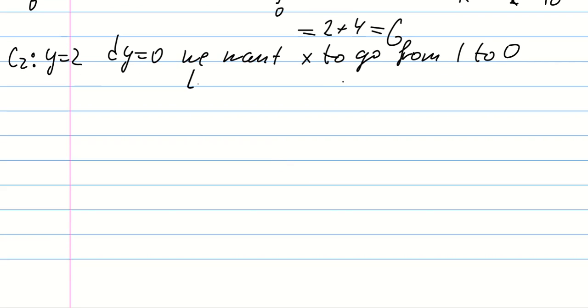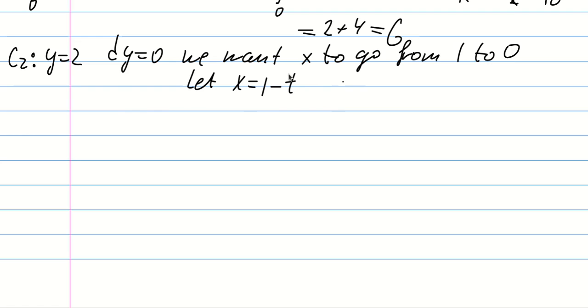So let's try to do that. Let x be equal to 1 minus t. Then when t is equal to 0, we're going to get 1. And when t is 1, then x is going to be 0.